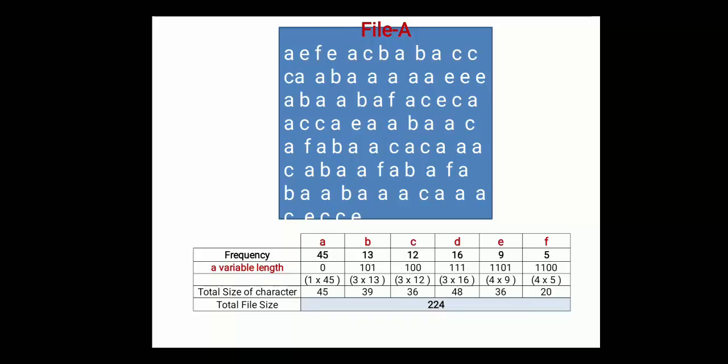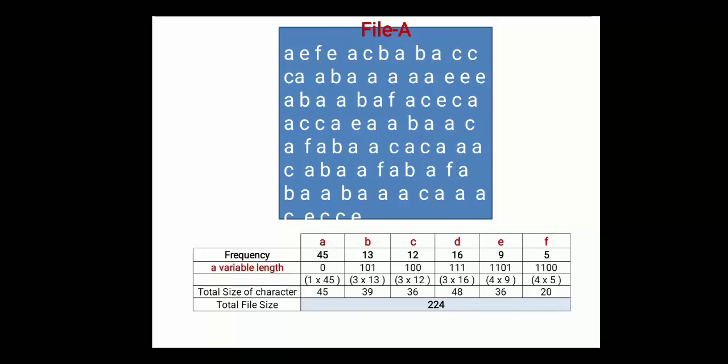As we already discussed, if the frequency is high, then the number of bits to represent that character must be less. So in our example, we have taken only one bit, 0, to represent A, because the frequency of A is the highest in our case. So A can be represented by only one bit, that is 0.